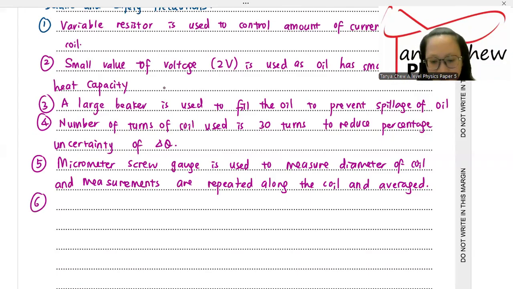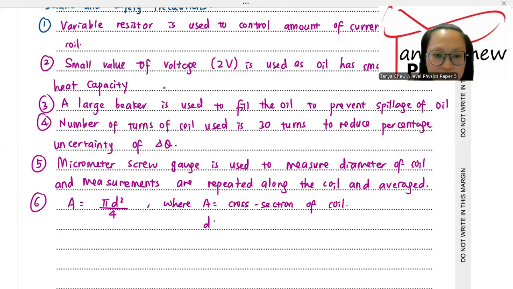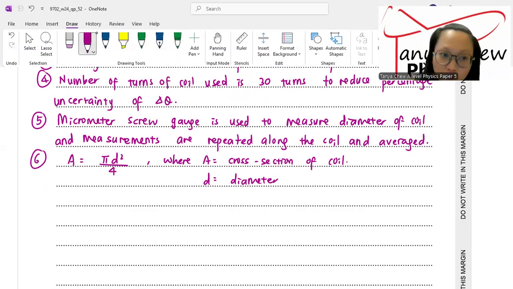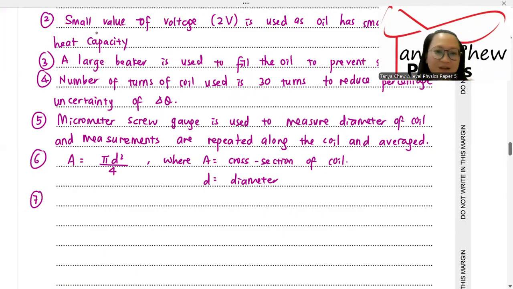And I also say how I calculate the cross-sectional area of the coil. A is equal to pi d squared over 4, right? Where A is the cross section of coil and D is the diameter that I have already measured. Right, and then I also say, this is number 7, sorry, that if I want to measure, I use an electronic balance to measure the mass of the oil, but the oil itself has to be placed inside the beaker, right?